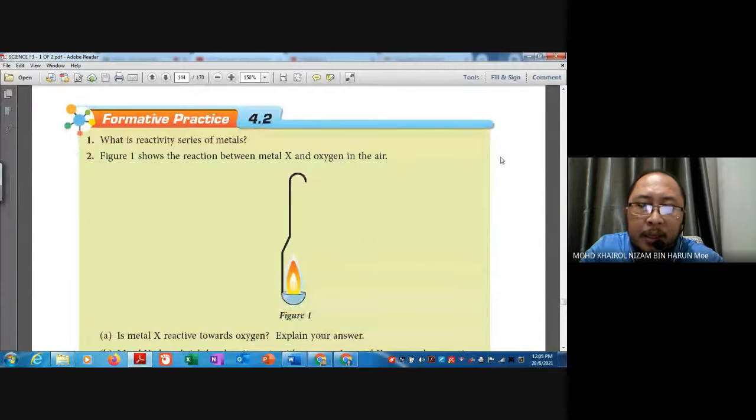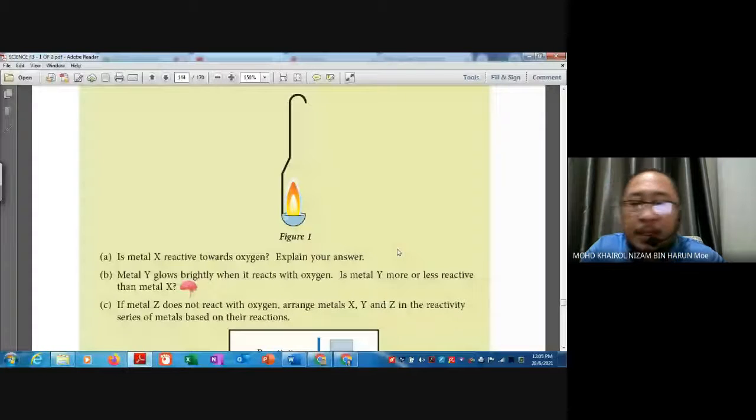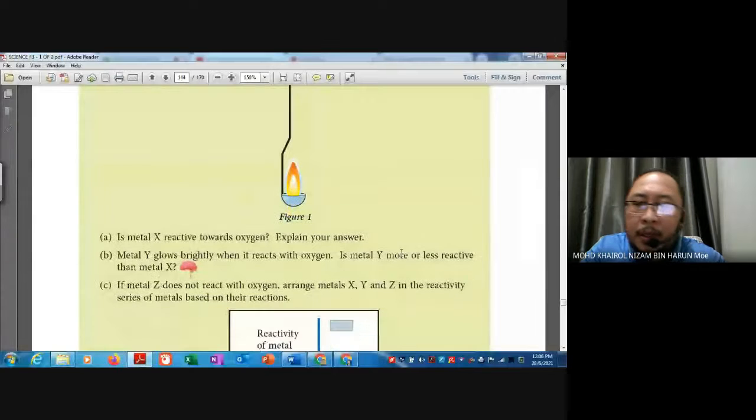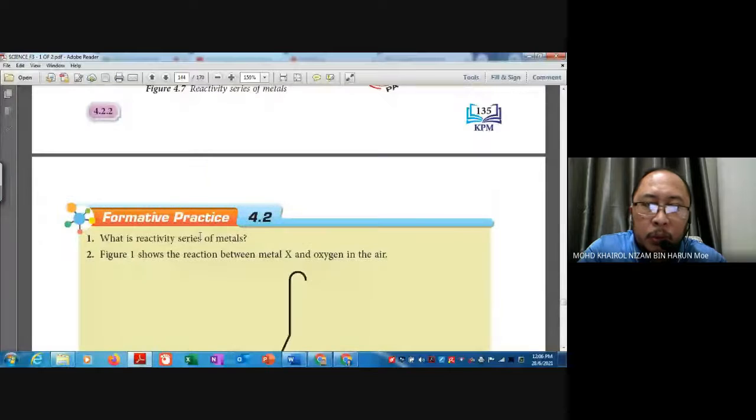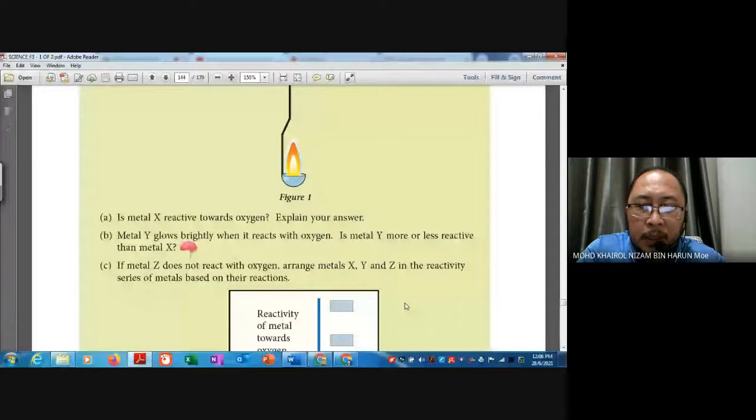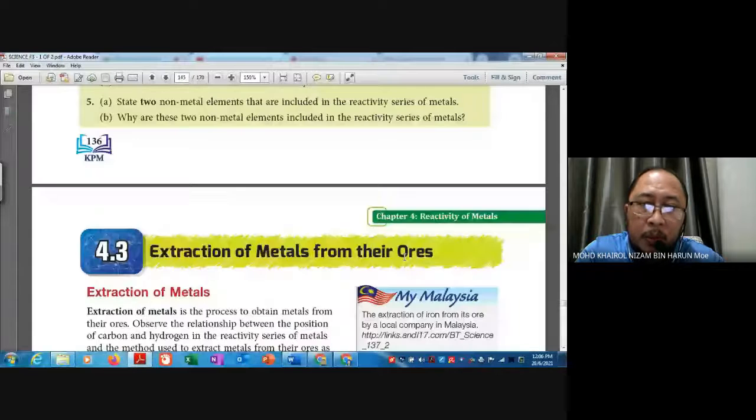Same also for the exercises given in the process science book. Please complete all the exercises given in the textbook and also in the module. Make sure that until now we have reached 4.2, so for today you complete all the notes and also the exercises given. Tomorrow we will look into 4.3, extraction of metals from their ores.